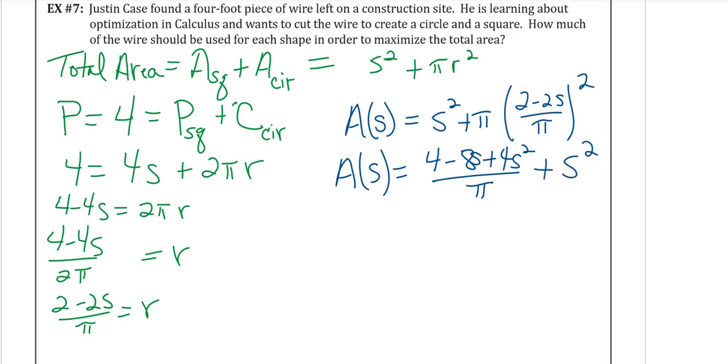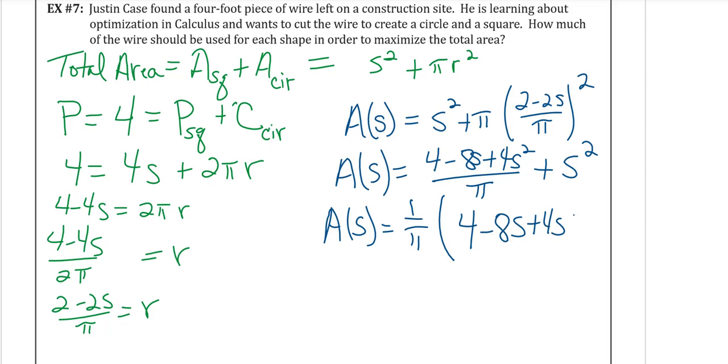Okay, so making this a little easier to deal with, I'm going to factor out a pi, and then I can kind of combine like terms. So A of s is going to equal 1 over pi times (4 minus 8s plus 4s squared plus pi times s squared), because then when I distribute, the pi will go away with the s squared.